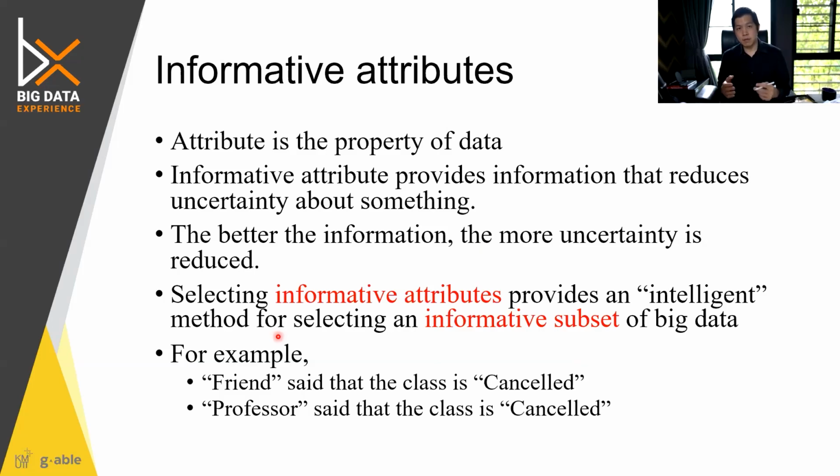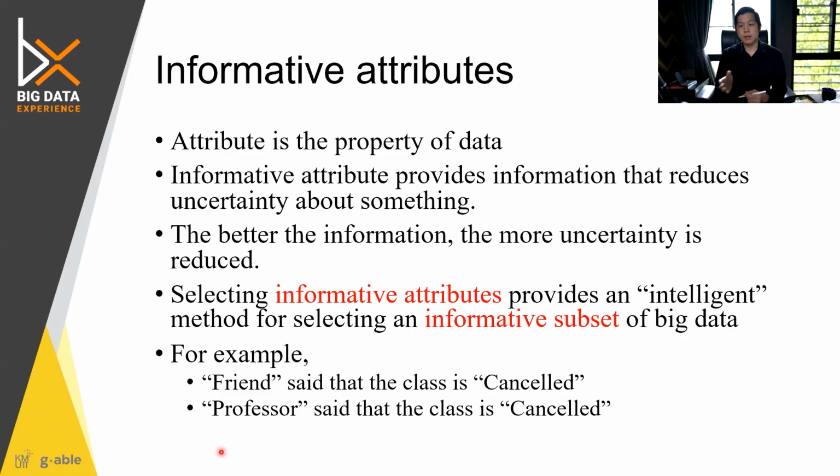Okay, this is just an example of uncertainty in the attribute. Suppose that your friend tells you that the class today is canceled, and me telling you that the class is canceled. Which one contains more information that reduces the uncertainty about the class being canceled, right?